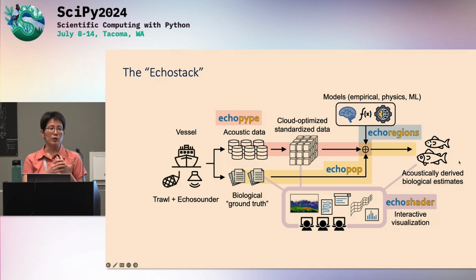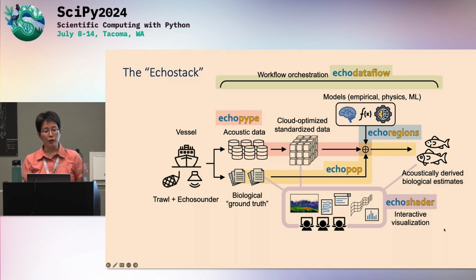Even though we want to automate as much as possible, there is always the need for interactive visualization so that we know what we're looking at and can use this intuition to develop new methods. So we developed the Echoshader package for interactive visualization. And in order to run this seamlessly, we created the Echodataflow package to orchestrate different types of workflows, and it's configurable.